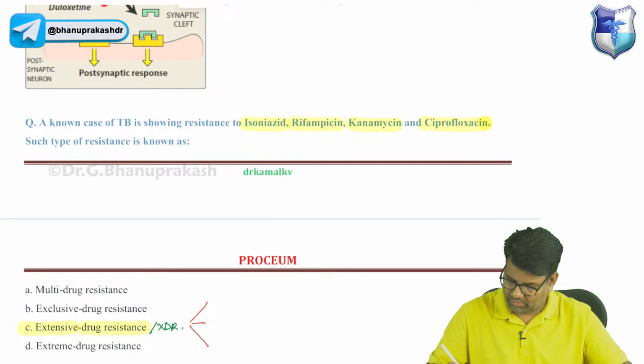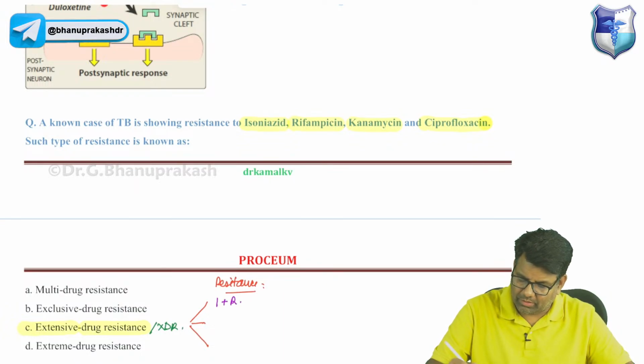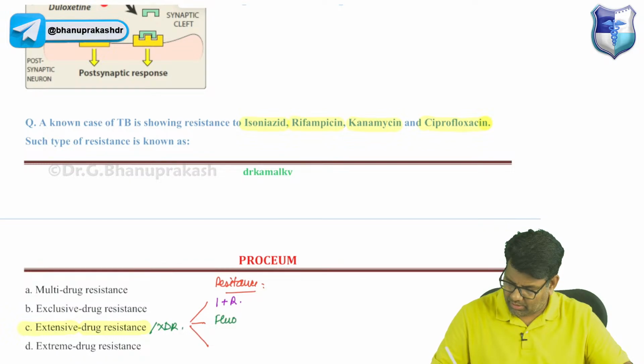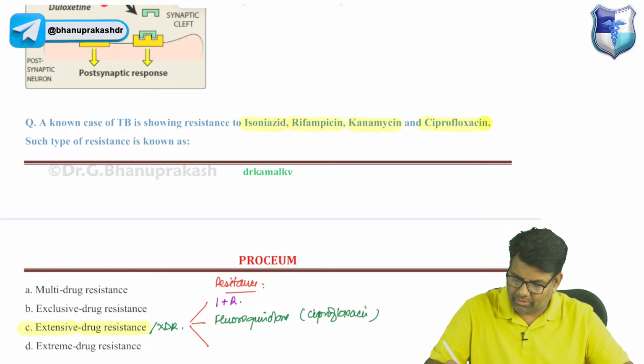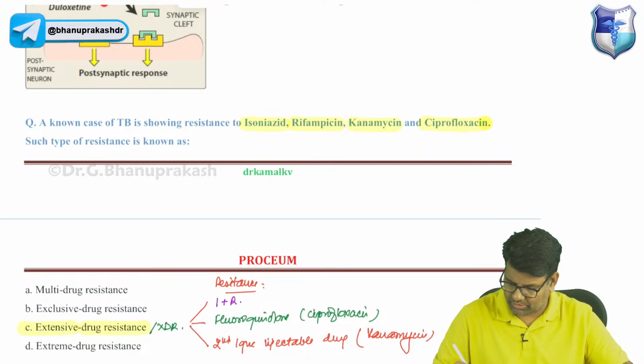There is resistance to isoniazid plus rifampicin, then any fluoroquinolone, in the given question it is ciprofloxacin, and any second line injectable, and in this question kanamycin. Clear? So this is XDR.